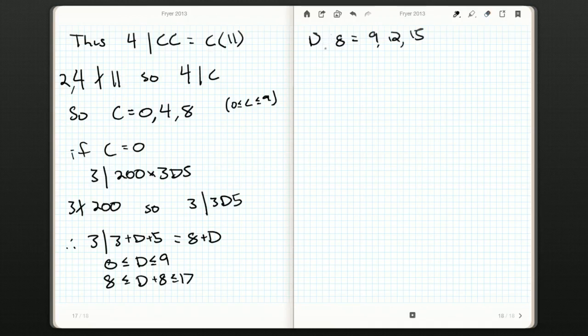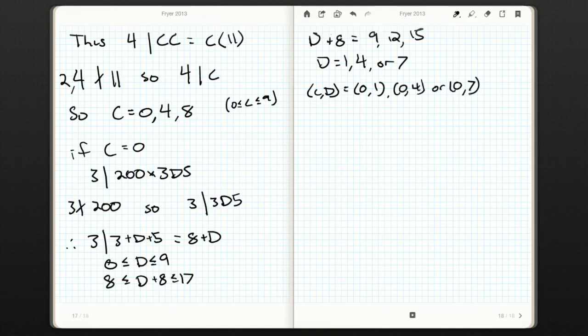And that tells us that d is going to be 1, 4, or 7. So we could have CD be 01, 04, or 07. And that's just this case.